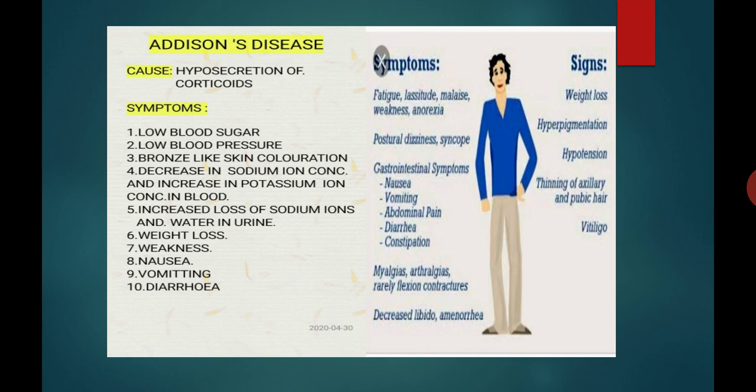The fifth symptom is an increased loss of sodium ion and water in the urine. That means this is a problem of dehydration. So Addison's disease patients also have a problem of dehydration because there is an increased loss of sodium ion and water in urine.